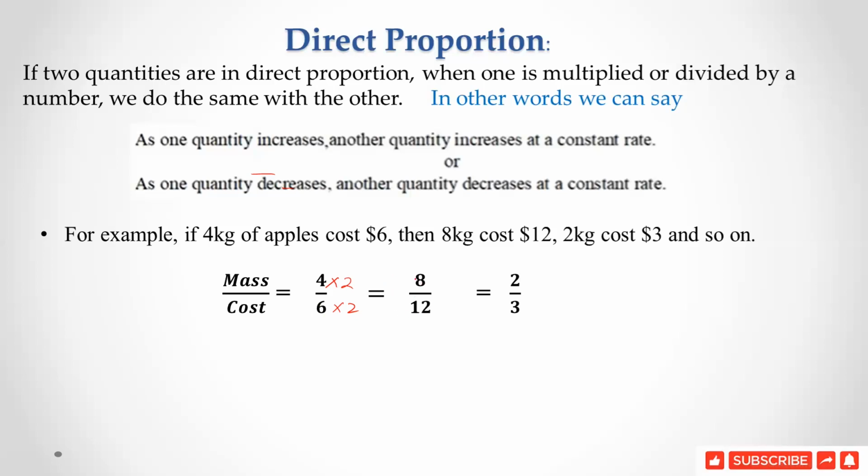In the same way, if we divide 8 by 4 and 12 by the same constant, 4, we get 2 and 3. So the rate is 2 by 3.